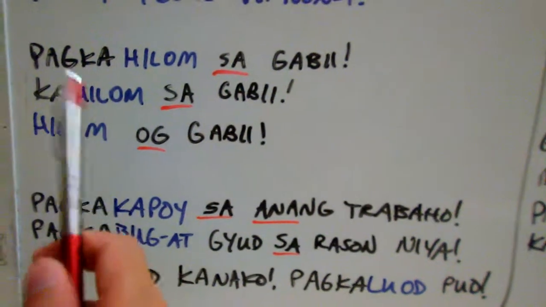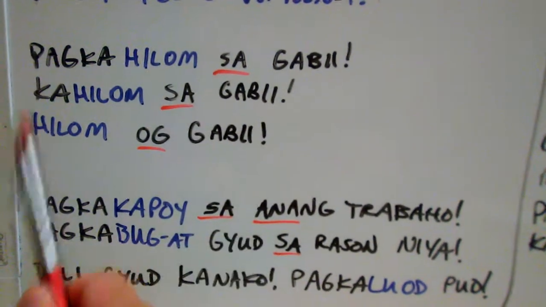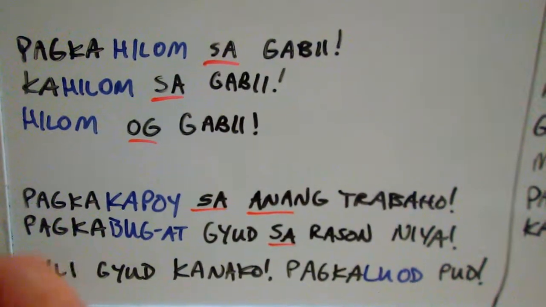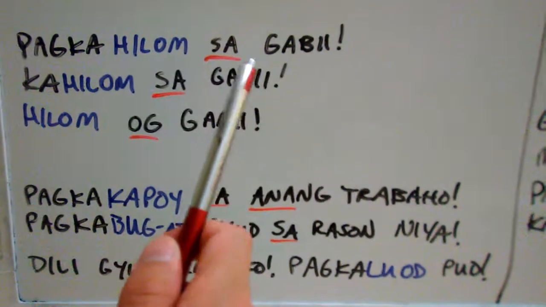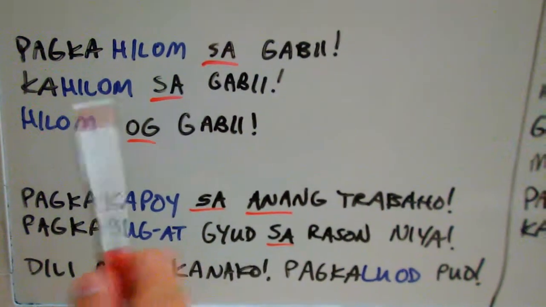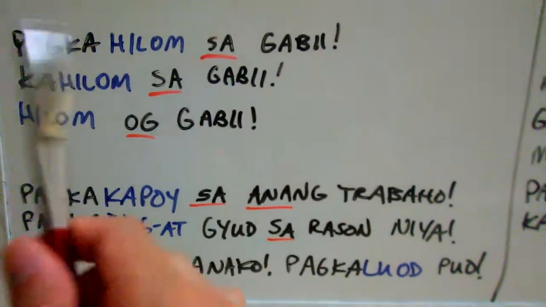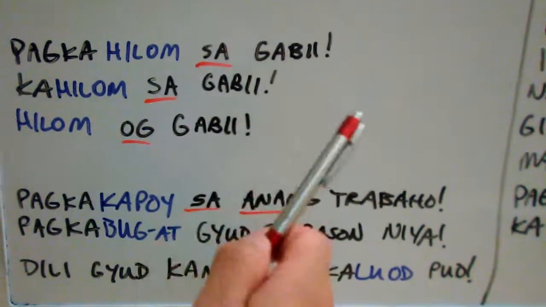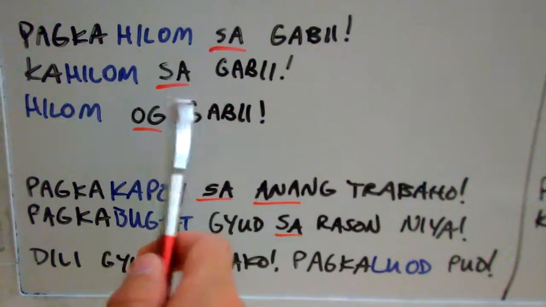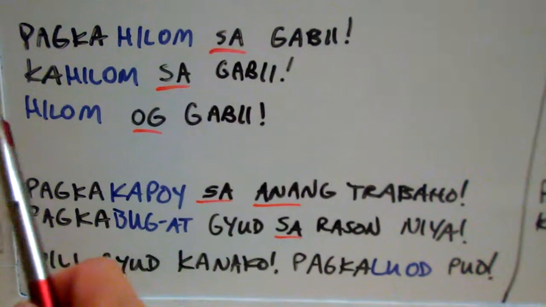Whoa, this is the difference here with pagkahilom sa gabi and kahilom sa gabi. The first sentence is just an excited or a strengthened adjective form versus the second sentence, which is just an intensified adjective form, okay? And then lastly, hilom o gabi.